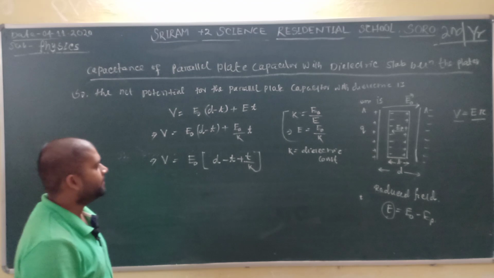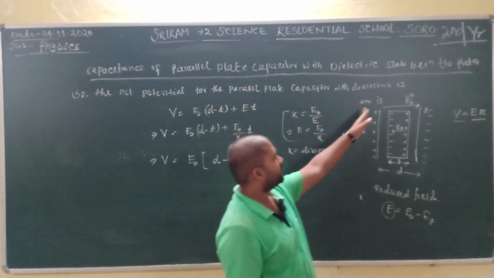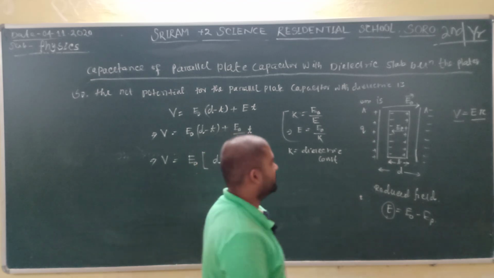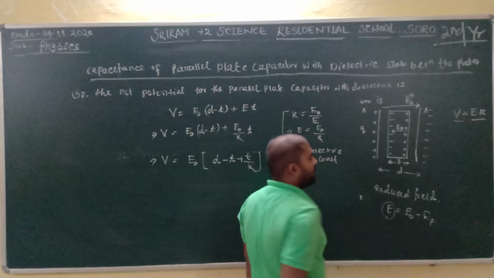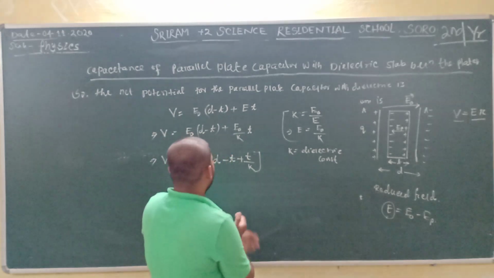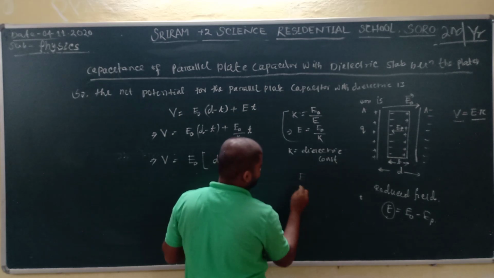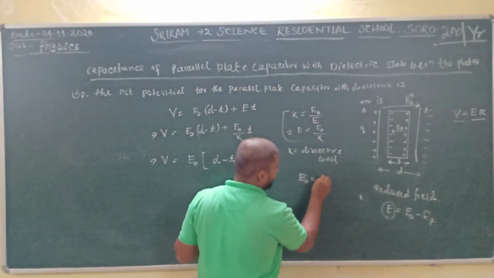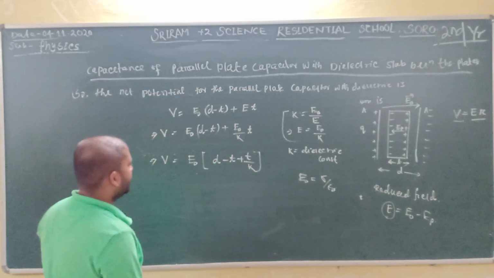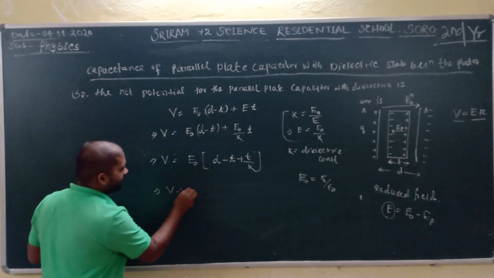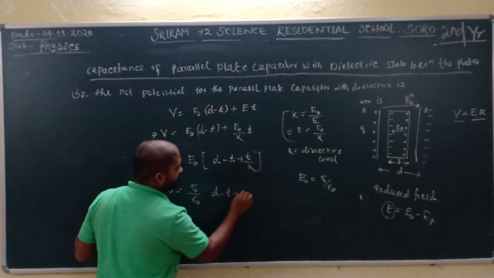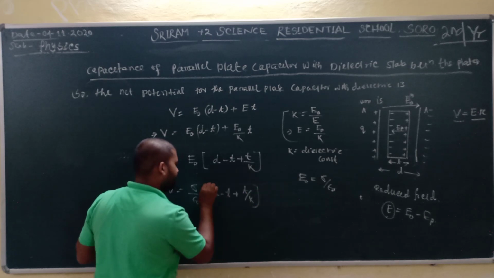Understand? Okay. But if we consider the plates have a surface charge density of sigma, and we measure the effect in between the plates, then the electric field E naught equals sigma divided by epsilon naught. So, we can write V equals sigma by epsilon naught times d minus t plus T divided by K. Okay.